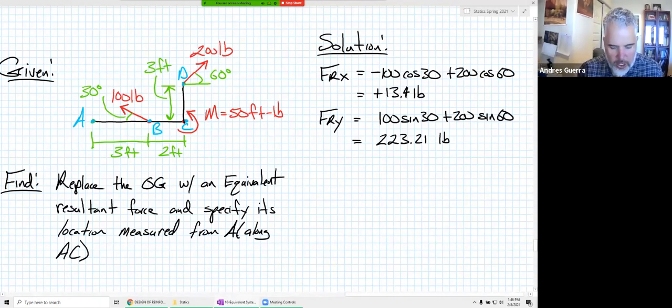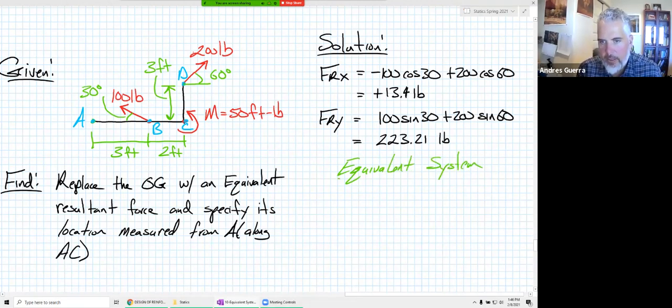Now, our equivalent system, based on the problem, let's draw that, because that is so key. What are we trying to get to, right? That's our first thing, is make sure that we understand what we want our equivalent system to look like.